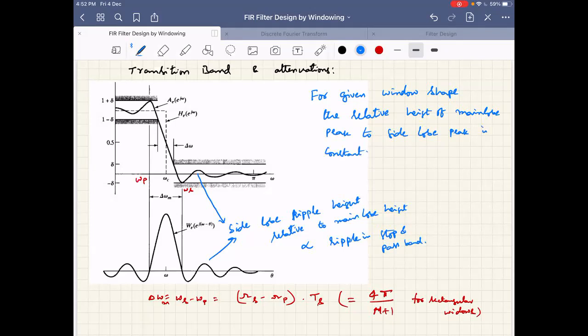So both will increase, meaning if one increases, the other will also increase. This is referred to as Gibbs phenomena.